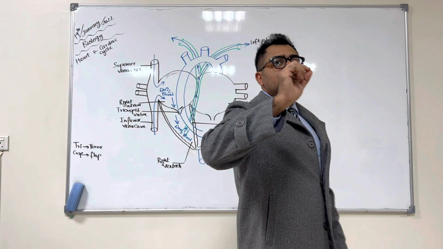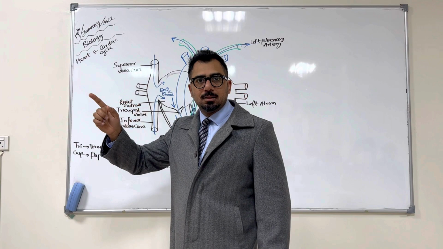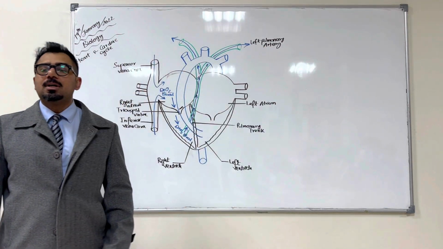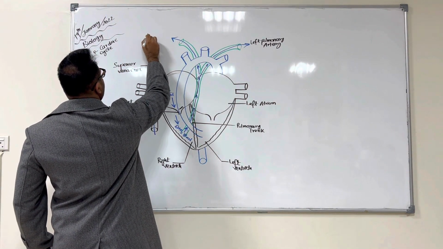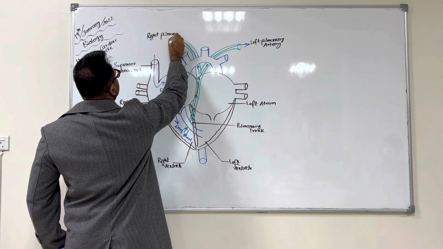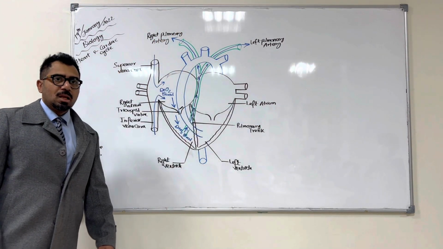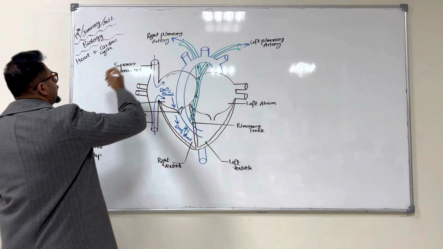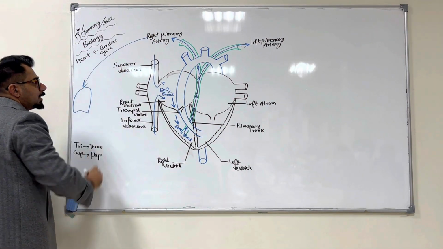We have learned that arteries are the blood vessels that take blood away from the heart. Understood? So this is taking the blood to the left lung, so that's why it is called the left pulmonary artery. While this one is called the right pulmonary artery. Now this right pulmonary artery will take the blood to the right lung, right?